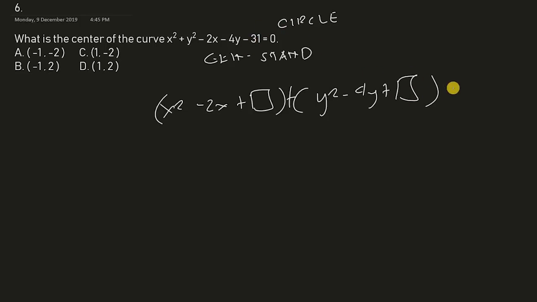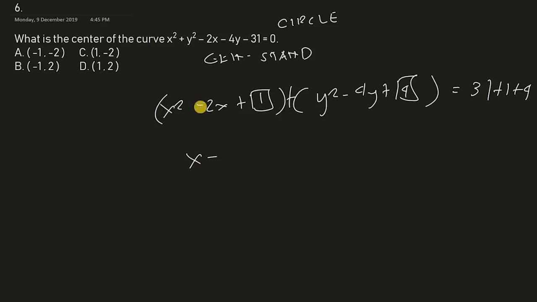Yung negative 31, lilipat natin sa kabilang side, magiging positive 31. So, let's complete now the square. 2 divided by 2 is 1. 1 squared is 1. Kung ano yung dinagdag natin dito, idagdag din natin sa kabila. 4 divided by 2 is 2. 2 squared is 4. Kung anong dinagdag, idagdag sa kabila. So, that's plus 4.